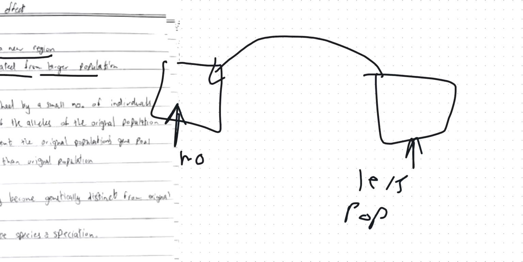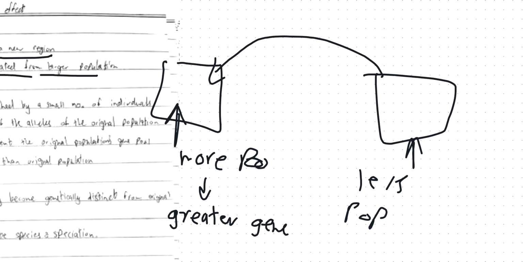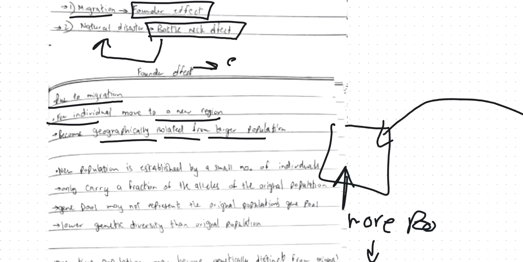More number of people would mean that you'll have a greater genetic variation. So remember this, that the founder effect will cause genetic variation, and it's also a cause for genetic drift.